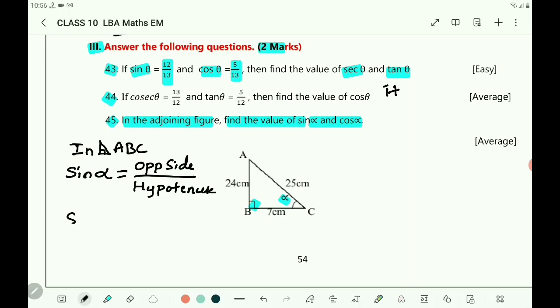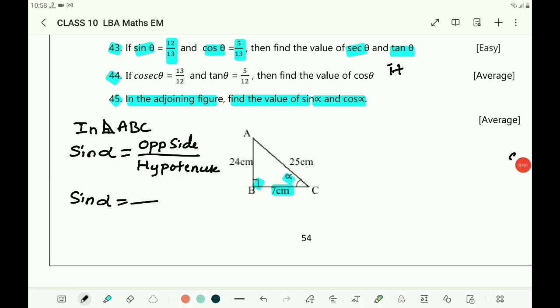So sin alpha is equal to, which is the opposite side to angle alpha? AB. So AB is the opposite side. Then you write AB. Then hypotenuse, which is the side opposite to the right angle, AC.